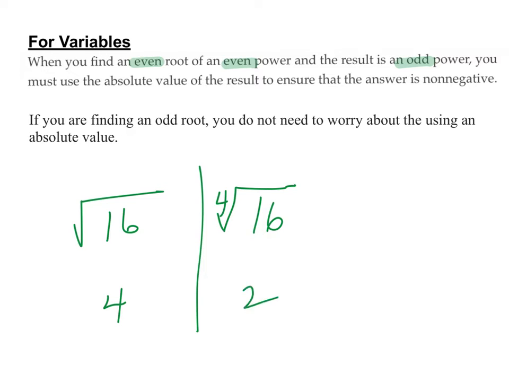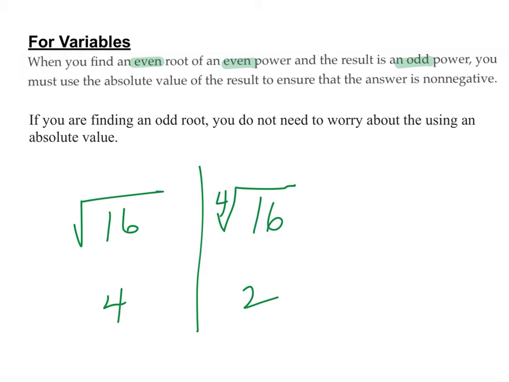Now, the reason that we talk about these couple examples is, yes, I could raise negative 4 to the second power and get 16. I could raise negative 2 to the fourth power and get positive 16. But whenever we have a radical with an even index, these answers are called the principal root, and the principal root is always positive.